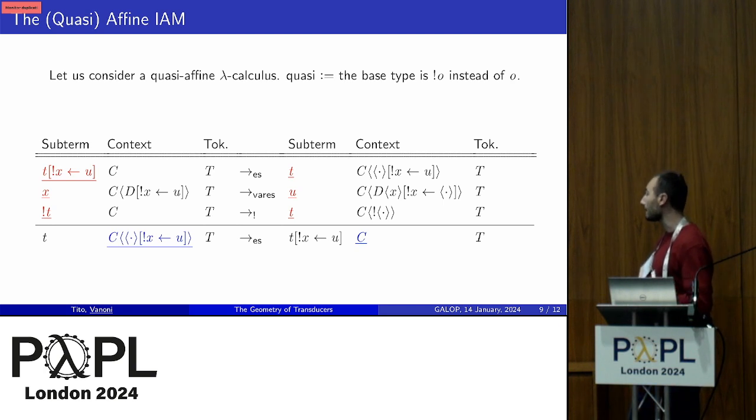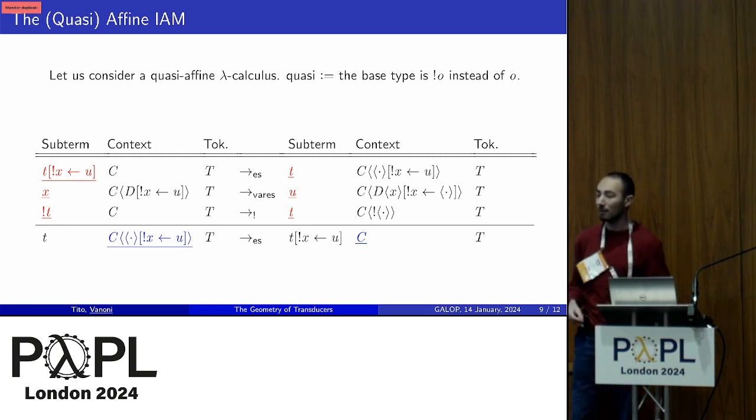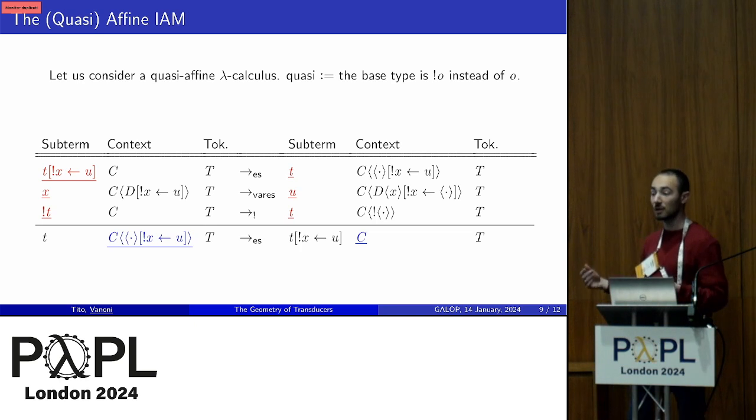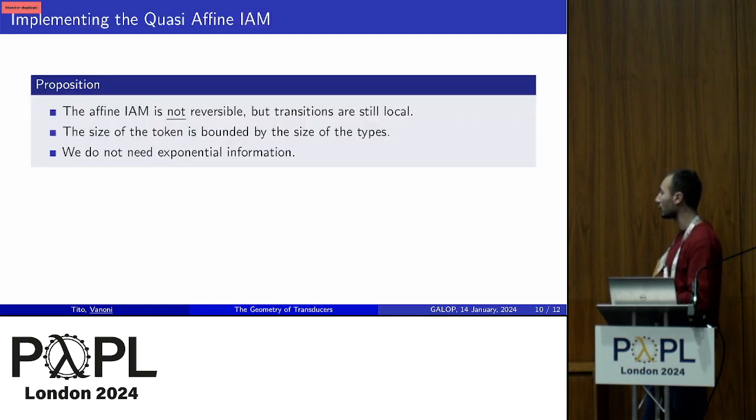Here we couldn't go the other way around, because we don't know where to jump, because there could be more than one occurrence of x, because x here is non-linear. So if we don't save somehow the occurrence of x, we cannot go back. But still, this is not needed when we compute. So the machine is correct.